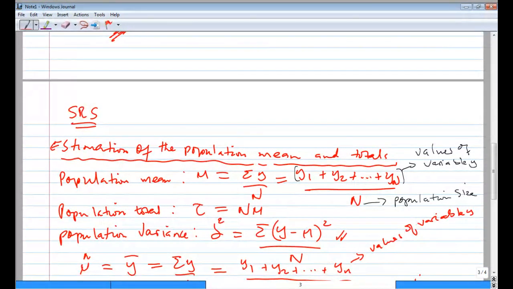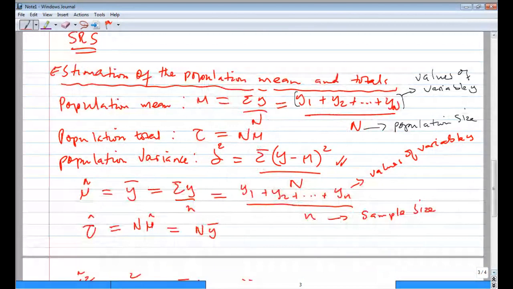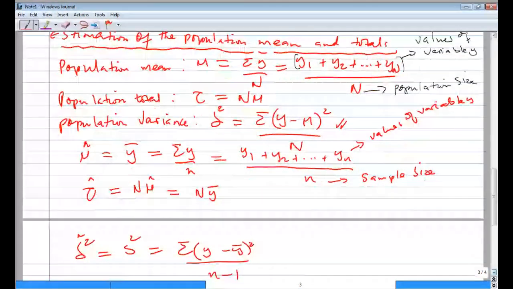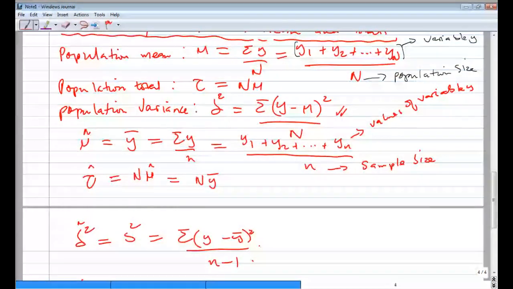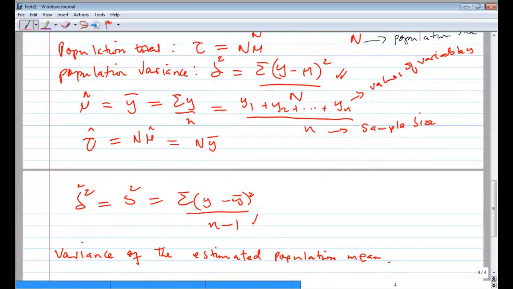I gave the reason for that. Sigma squared is equal to the summation of y minus mu, all squared, divided by capital N. It's only for the population. But for the sample, you have to divide by small n minus 1.